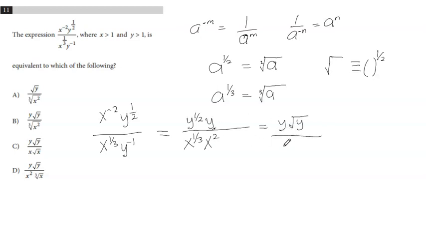And then in the denominator, we have x squared multiplied by the third root of x, third root because of the 1/3. So we can go and look at the answers and pick the correct answer. I think from this list, D will be our answer.